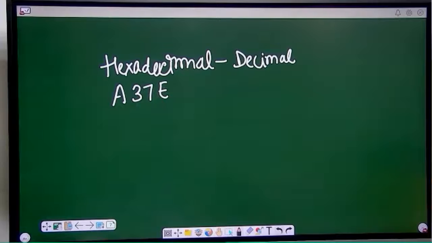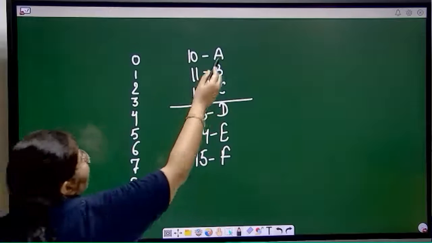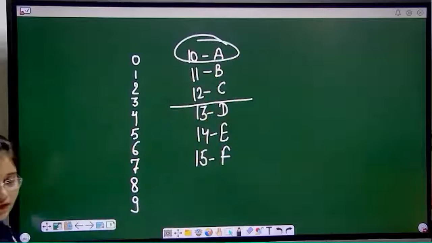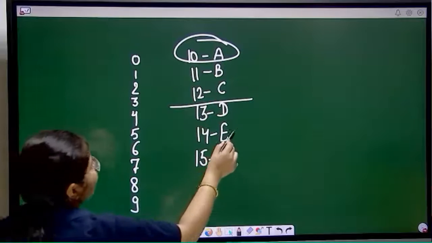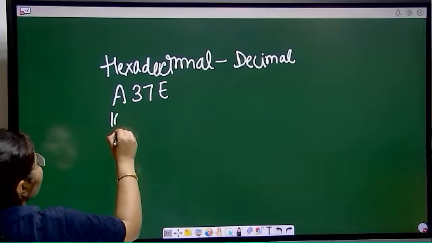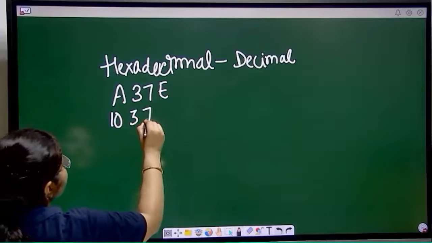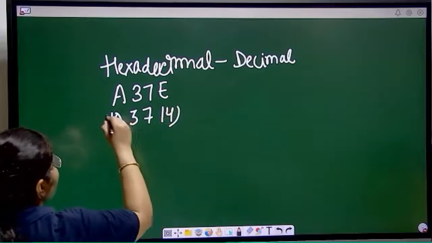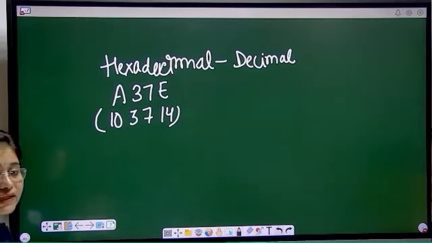So first of all, for each and every letter you have to write the decimal value. As you all know, for A we are having 10, okay, and for E we are having 14. So we will write in the same way, 10, 3, 7 and 14. Now we will start converting by multiply method.